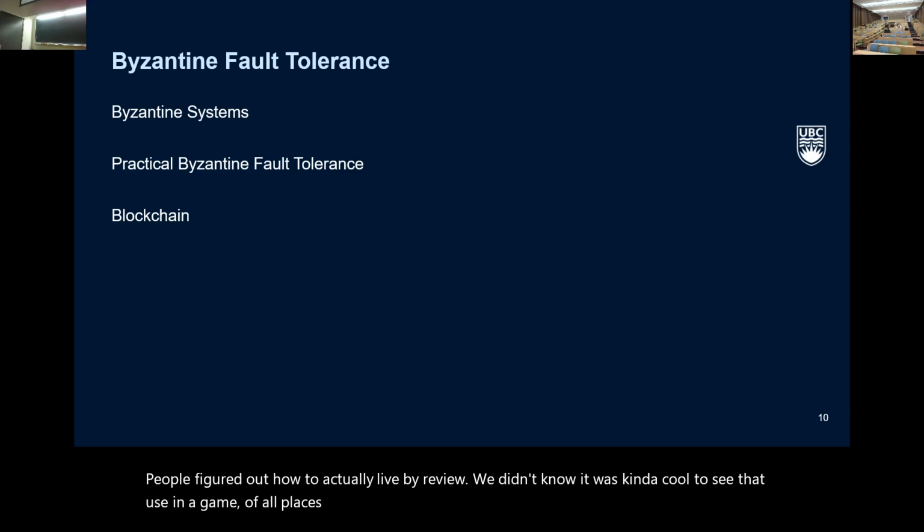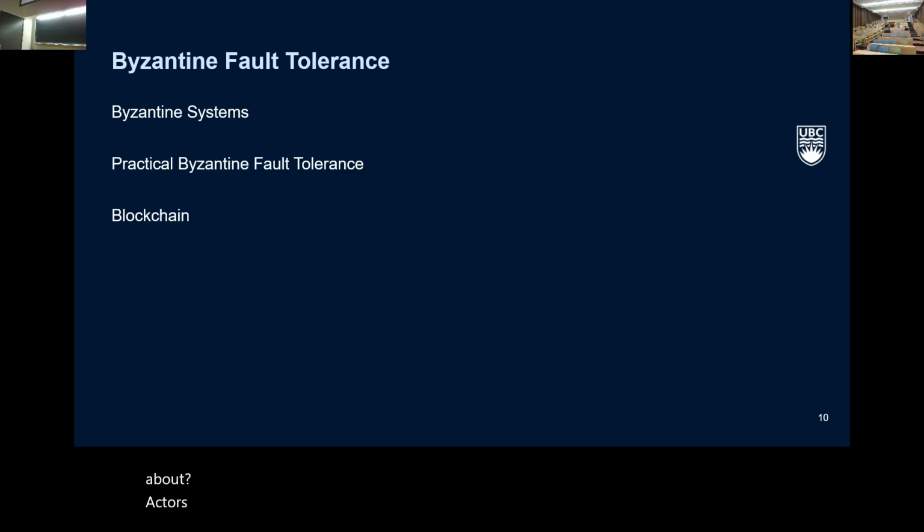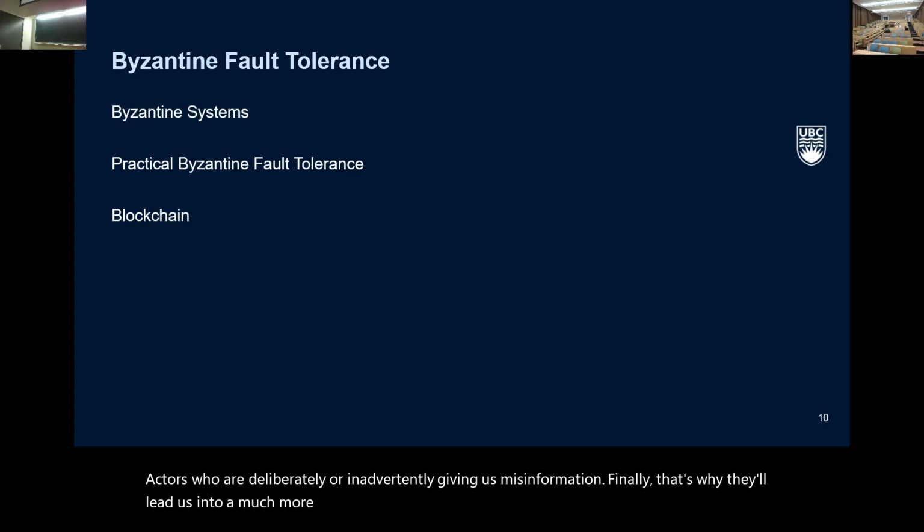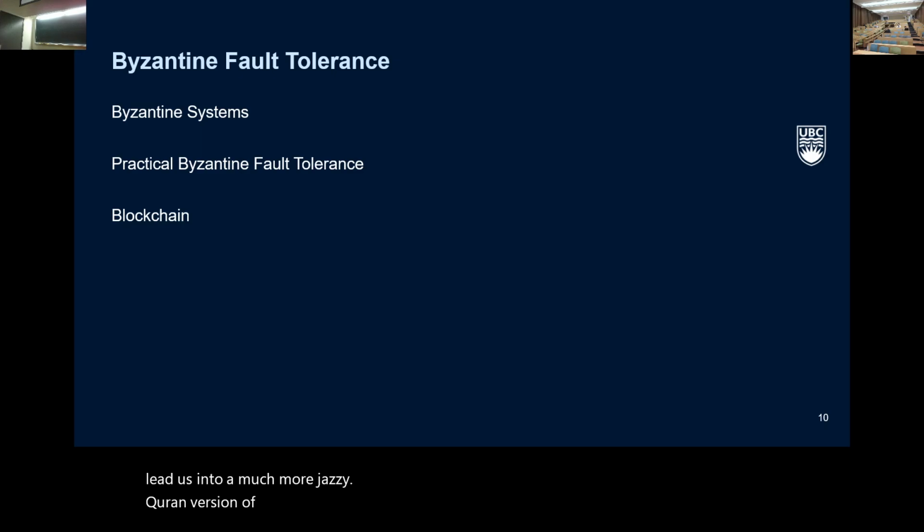And it's the same problem that we're working on here. What do we do about actors who are deliberately or inadvertently giving us misinformation? Finally, that's going to lead us into a much more jazzy, au courant version of Byzantine fault tolerance and distributed consensus, and that is blockchain.